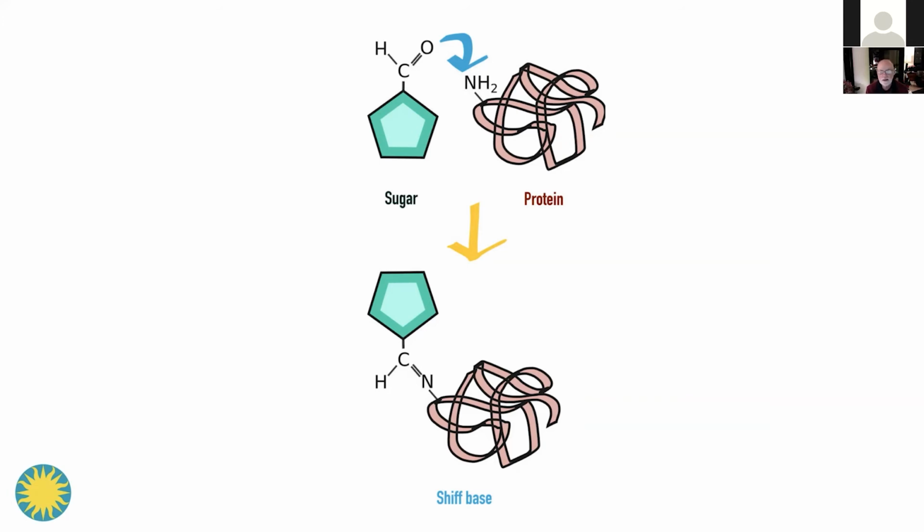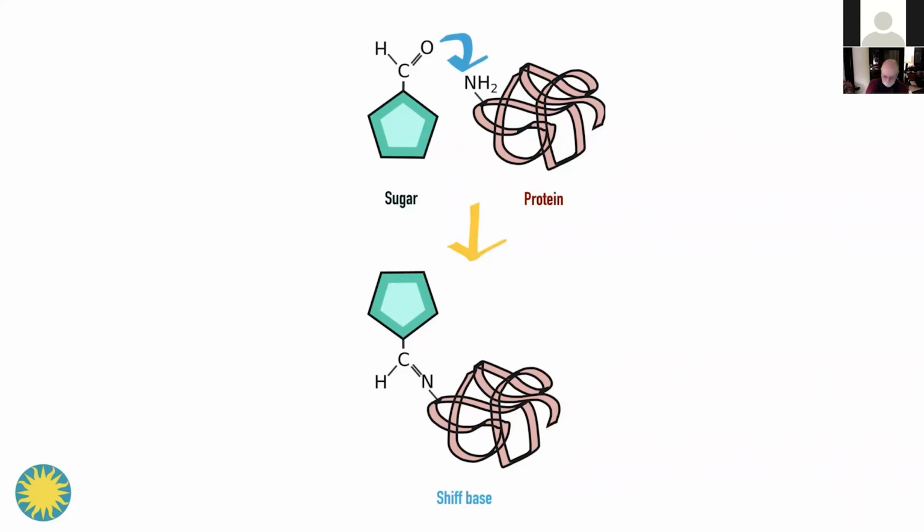There are literally thousands of cross-links produced that aren't normally present in protein. And in fact, this process, the chemical reaction, is called a Maillard reaction, and it was first characterized by an Afro-American biochemist about 60, 70 years ago.